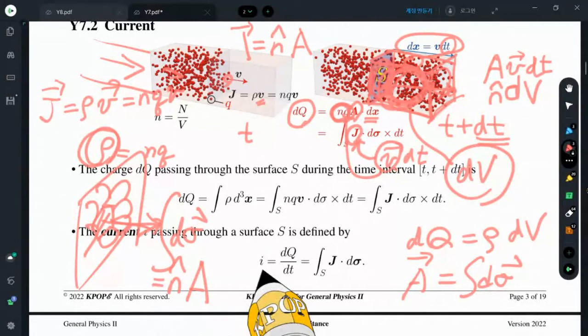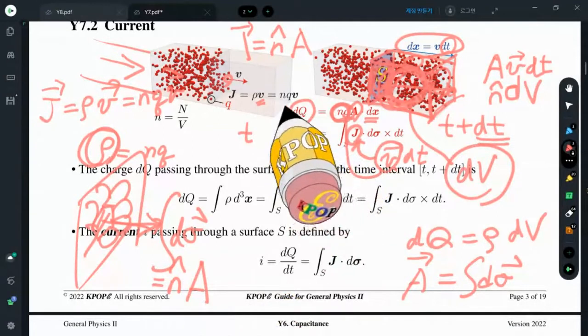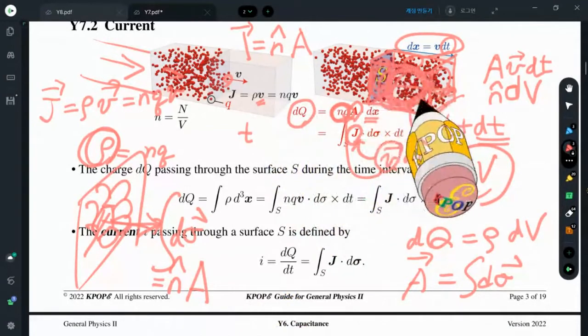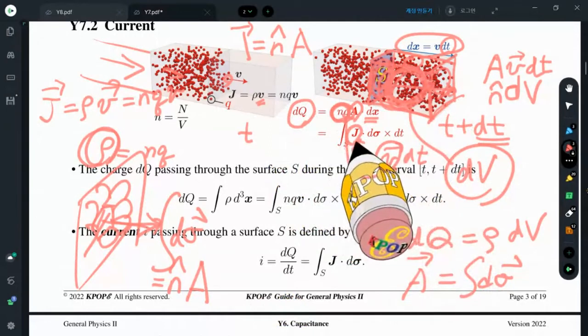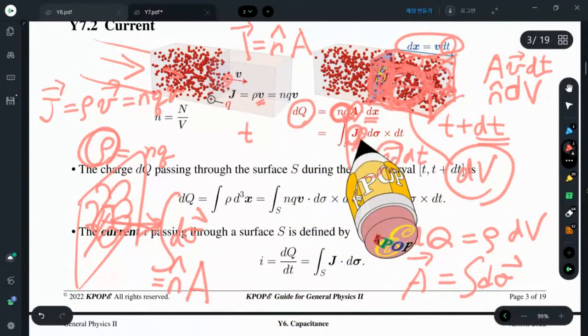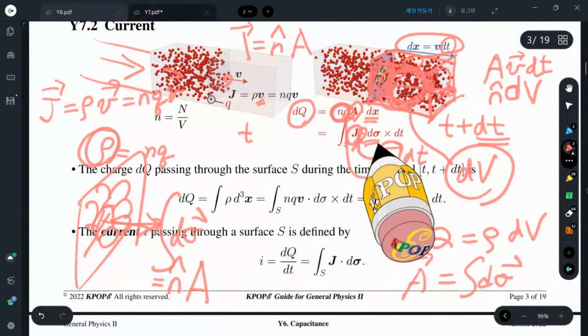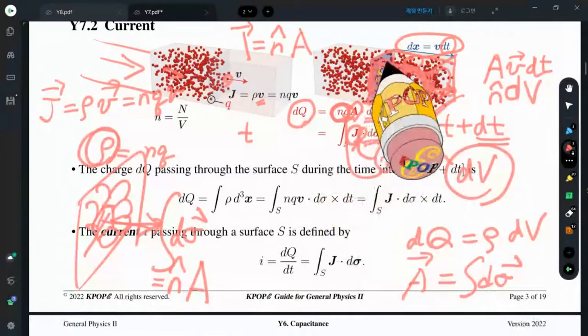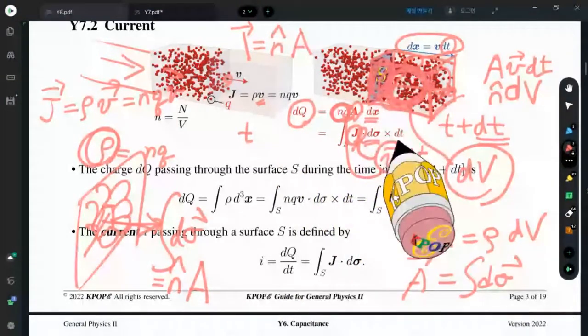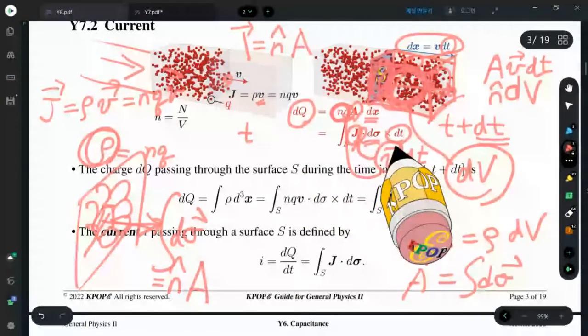So we find the amount of charge contained inside this volume is J scalar product the differential area vector, integrated over this surface and multiplied by dt.